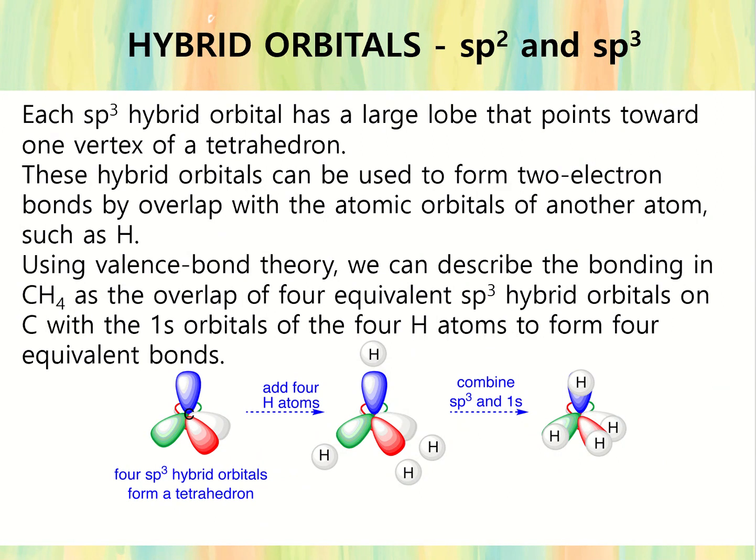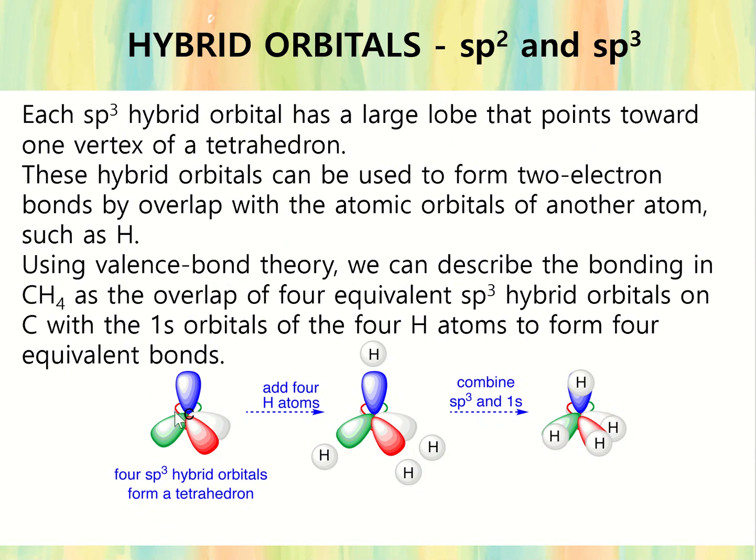So using this valence bond theory, we can describe the bonding in methane as the overlap of 4 equivalent sp3 hybrid orbitals on carbon, which is our central atom, with the 1s orbitals of the 4 hydrogen atoms to form 4 equivalent bonds. So this is basically what it looks like.